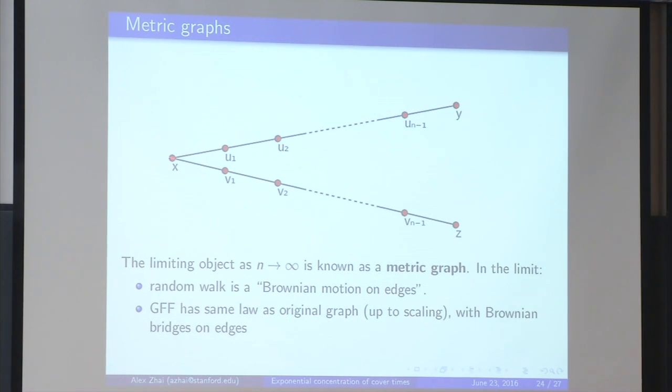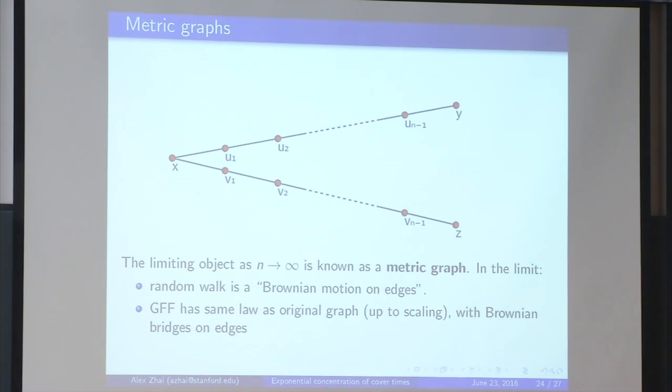And then I guess we also want to describe its values along the edge. It turns out that's just going to be a Brownian bridge, basically because it's more or less the same calculations you do to show that the Gaussian free field for a path is just a Brownian motion.